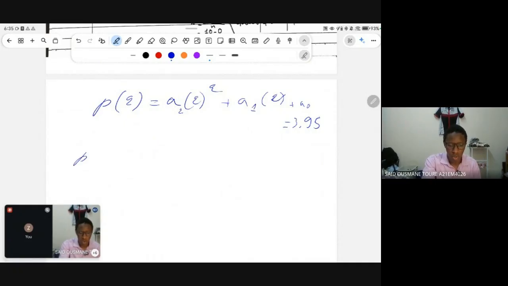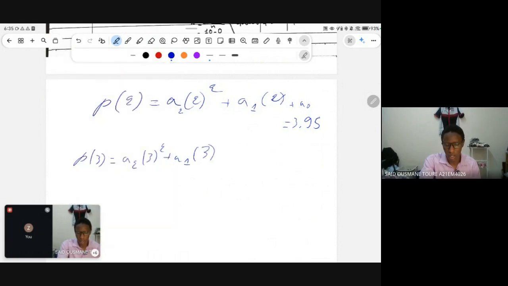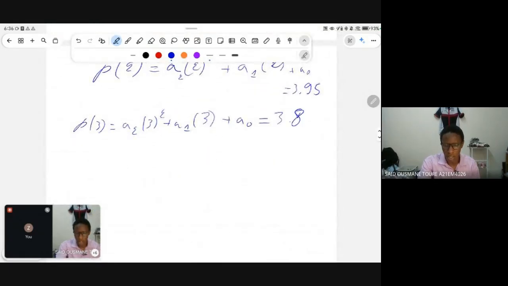So row of 3 equals a2 times 3 squared plus a1 times 3, plus a0 equals 3.89. Okay, this is the second equation.